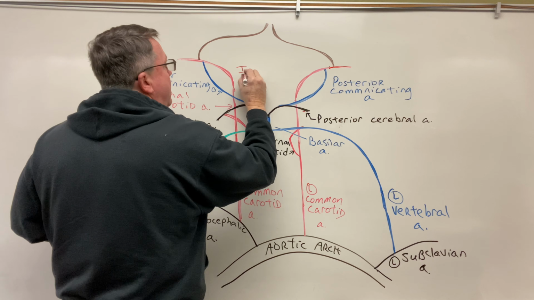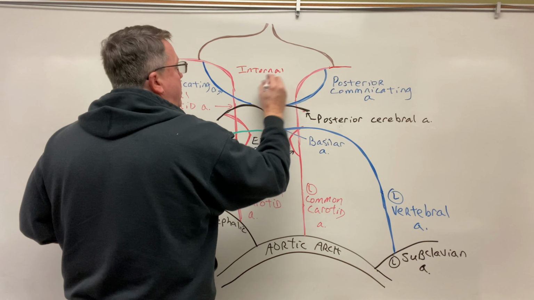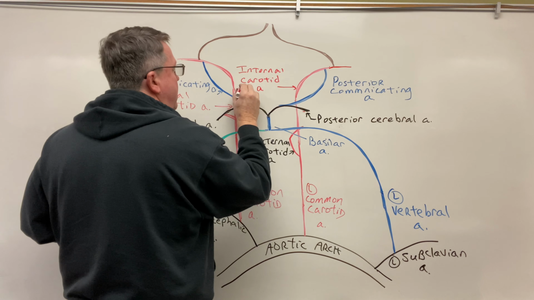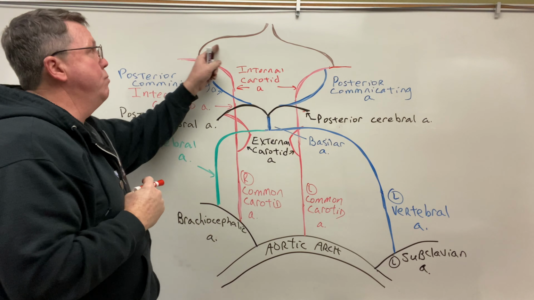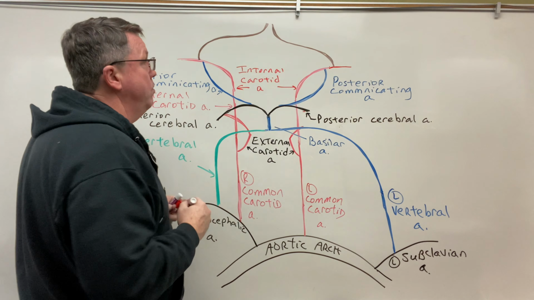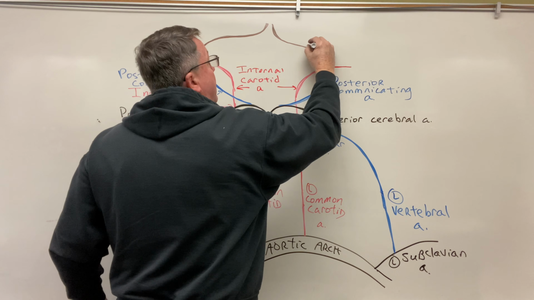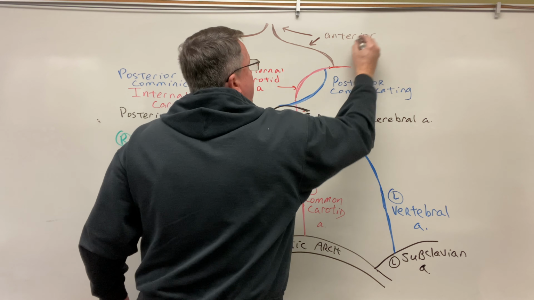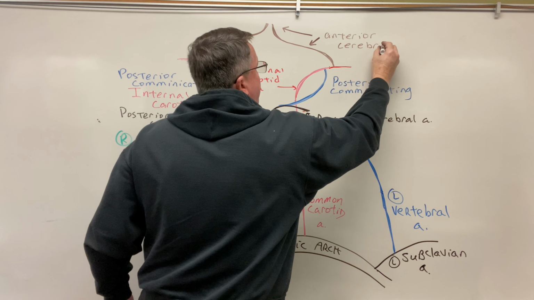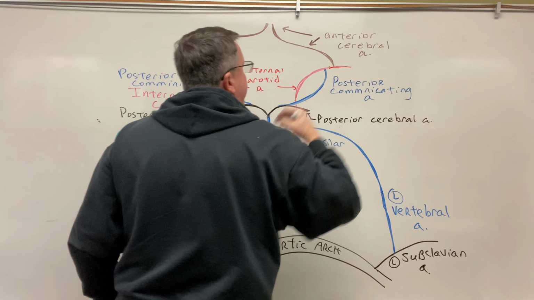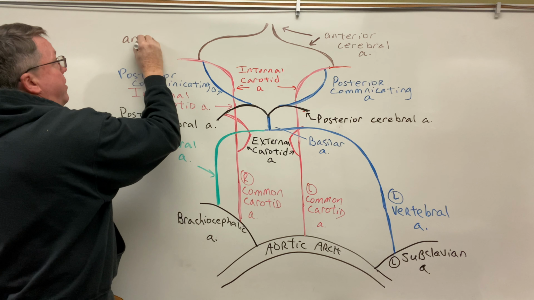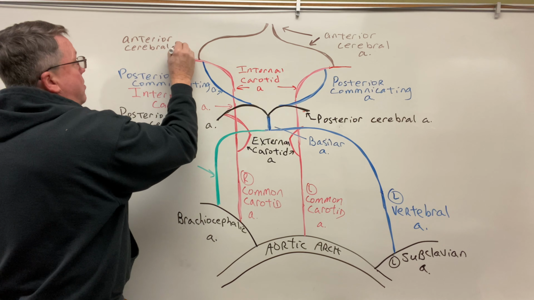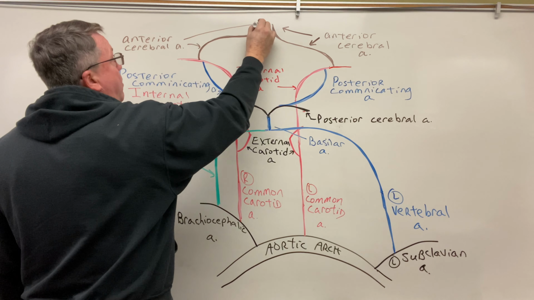So again, this is my internal carotid arteries, there and there, right? Where you see the brown now that's coming off of there, this is going to be called my anterior cerebral artery. And over here, it's also the anterior cerebral artery. Okay, and it goes all the way up to here.